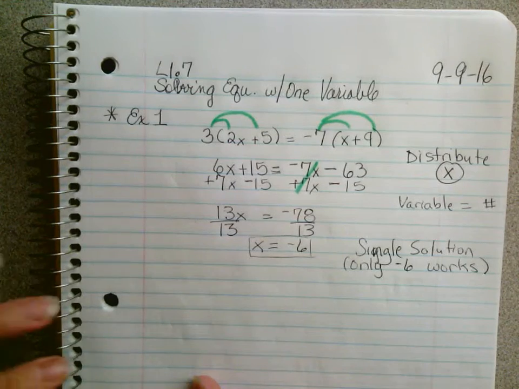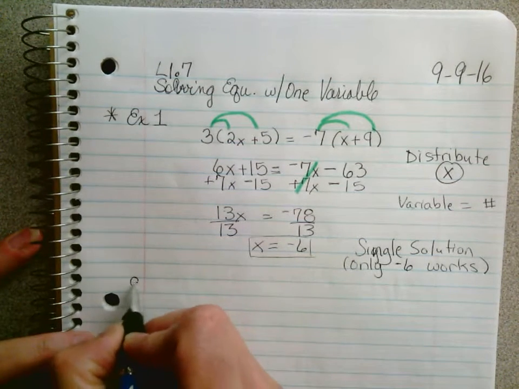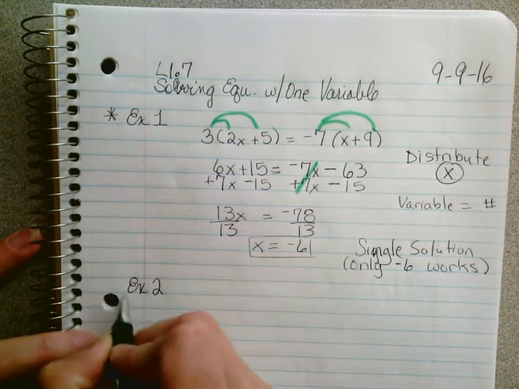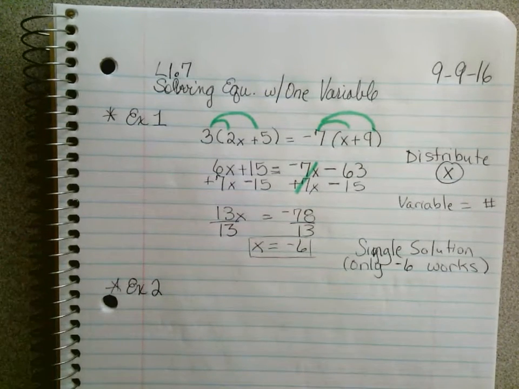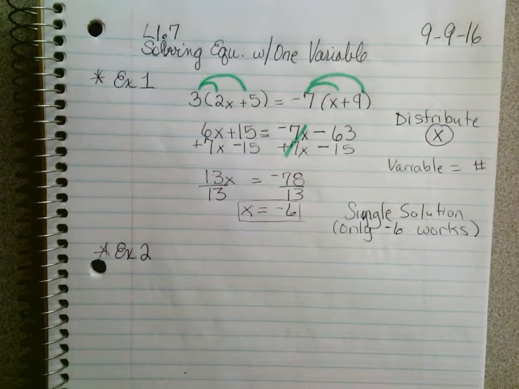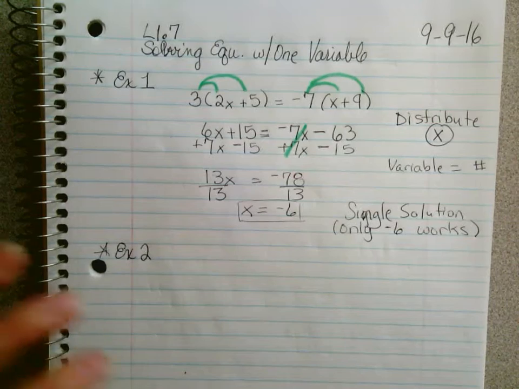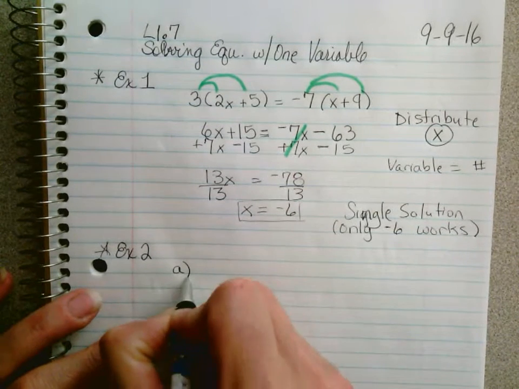Here is example 2. And example 2, if you notice in your book, has 2 samples. And these samples are going to allow us to address a no solution scenario. And example B is going to let us address an all real numbers scenario. So I'm going to go ahead and start with the first one, which is the example A version.